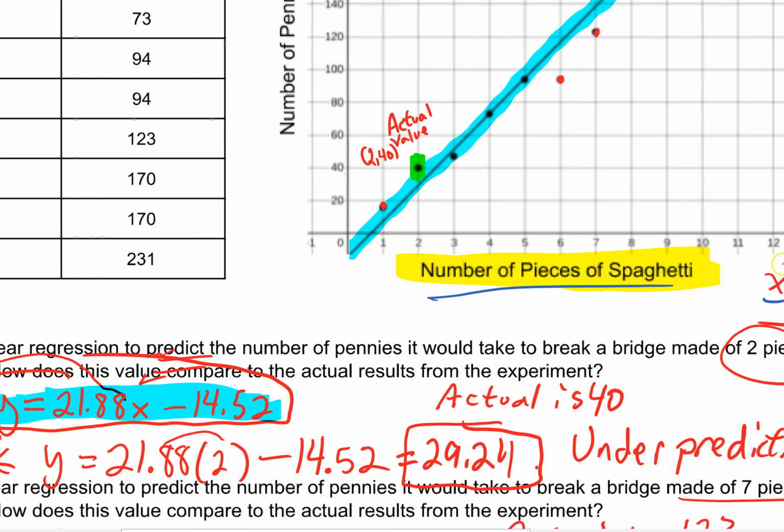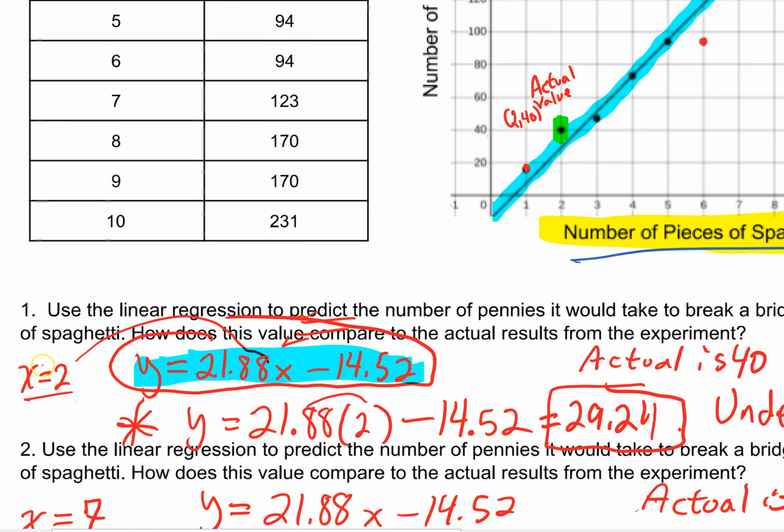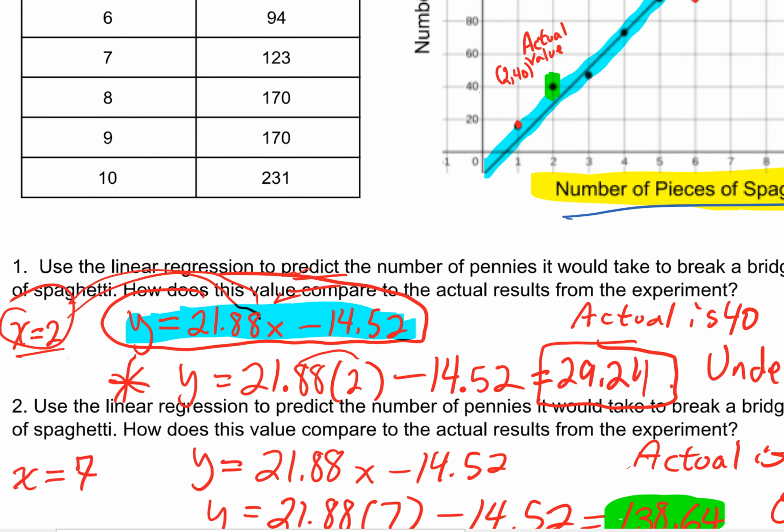Remember, x is the number of pieces of spaghetti, so we could plug in x equals 2 into that equation. I'll allow you to double check with the calculator if you'd like. 21.88 times 2 minus 14.52 is going to get you 29.24.